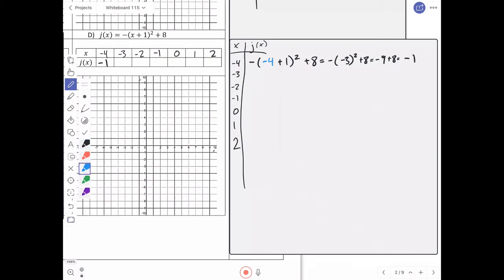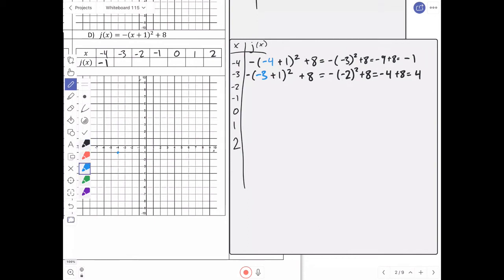And plot that point. Left 4, down 1. And negative 3 plus 1 squared plus 8 is negative 2 squared plus 8, which is 4 plus 8, negative 4 plus 8 is 4.